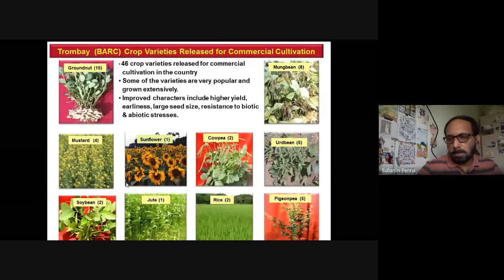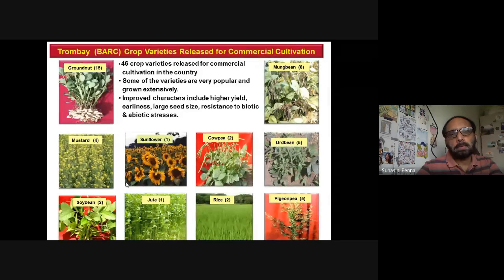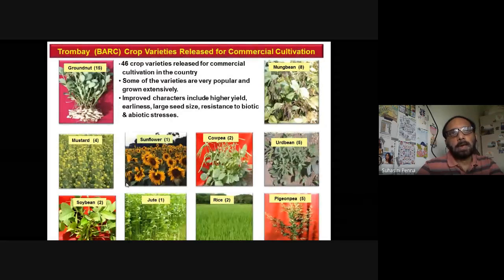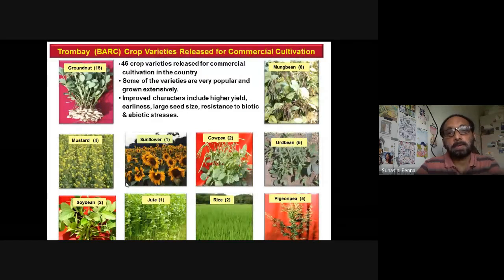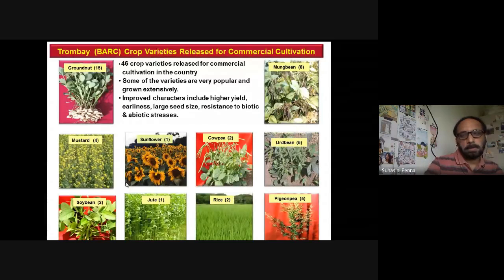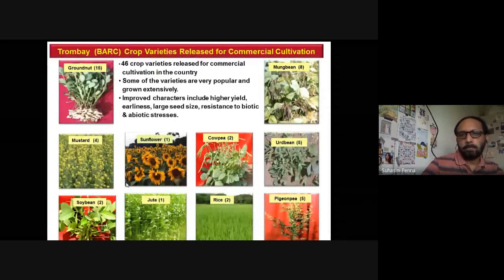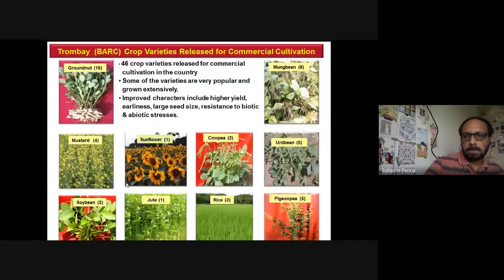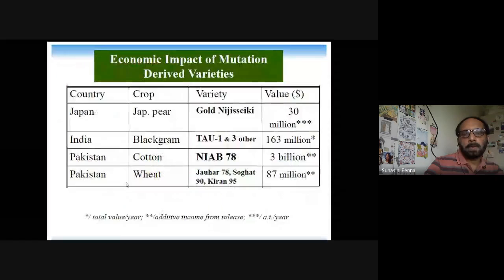In Jammu and Kashmir, some of our mutant groundnuts are now being grown at high altitude. I think last year we grew them, and this is the first time that mutant groundnuts are cultivated and grown there. So this is about our scenario. I thought I'll just brief you about it.